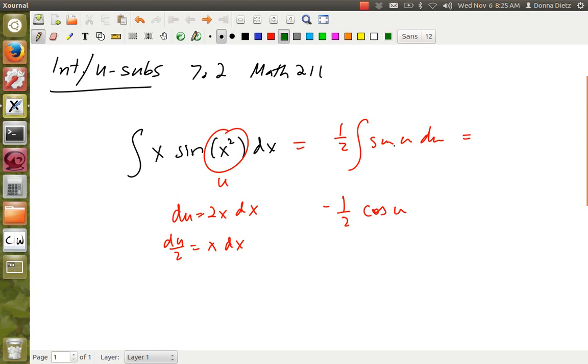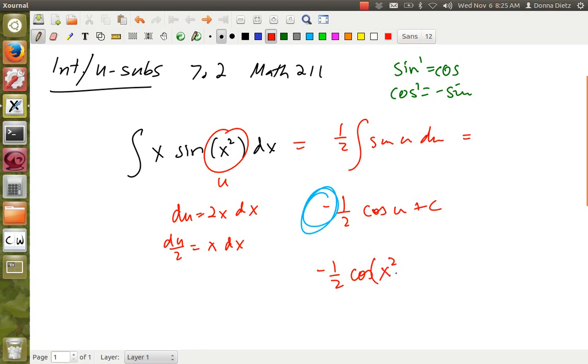Notice that the derivative of sine is cosine, and the derivative of cosine is negative sine. So when you take the integral, it's the opposite, right? So this is the riskiest part of the whole problem, I think, is getting that correct. And then you end up with minus 1/2 cosine of x squared plus c. And those were all the problems we did in class.